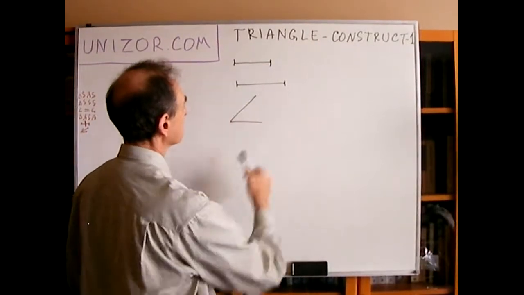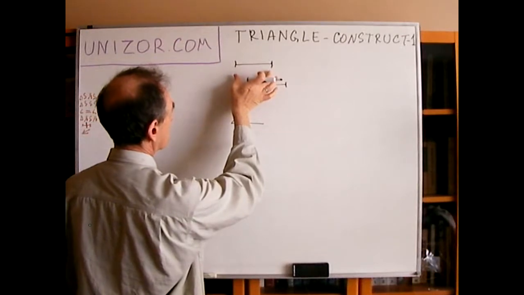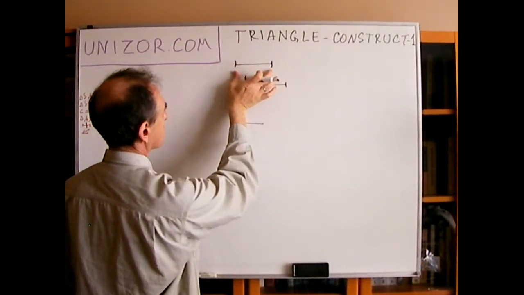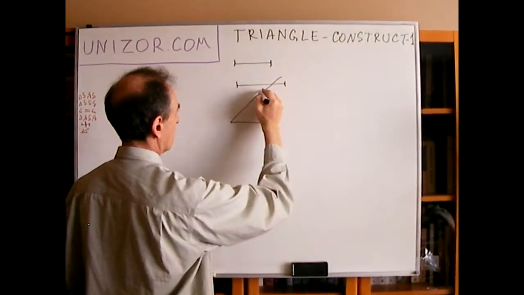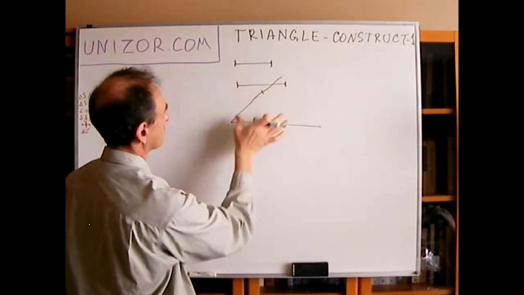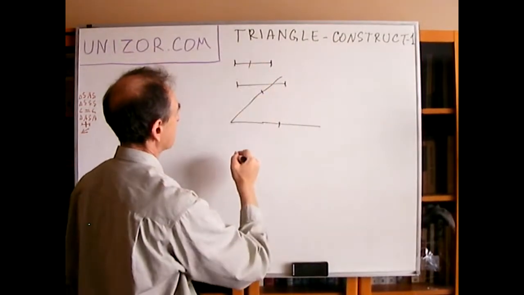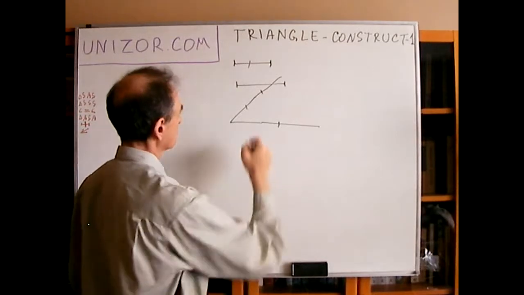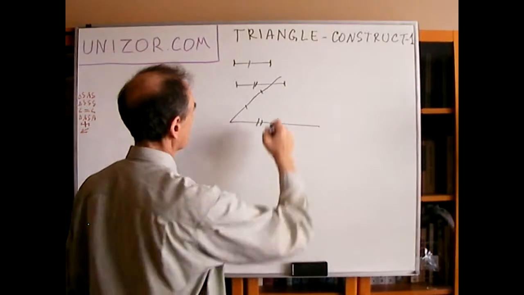Since we have this angle, we can take in the compass the distance between these 2 points on the first segment and basically mark it here. And then take another side and mark another side here. So this segment is equal to this one. It's congruent, 2 different segments are congruent, and this is congruent to this one.